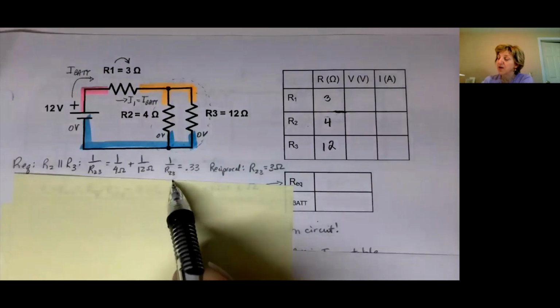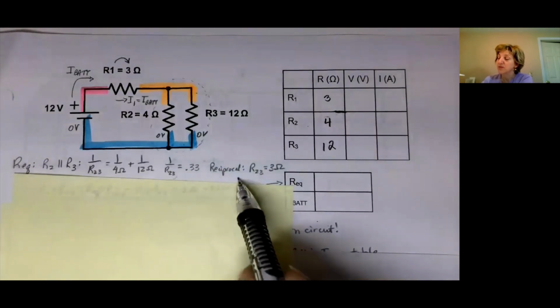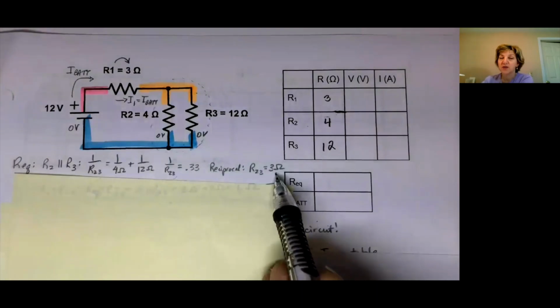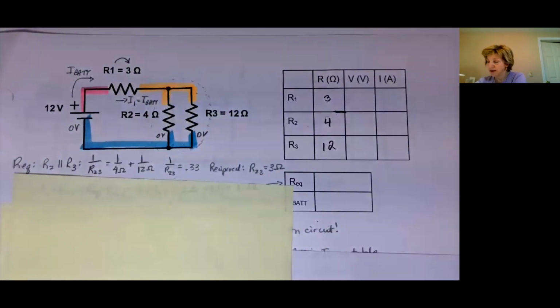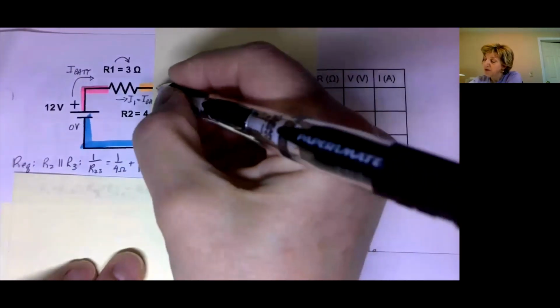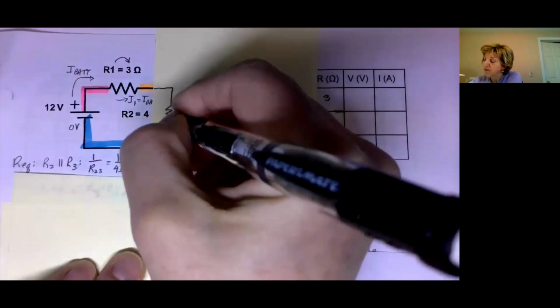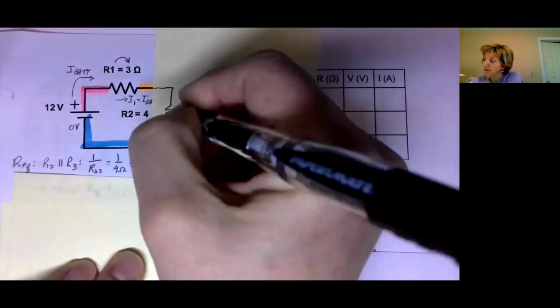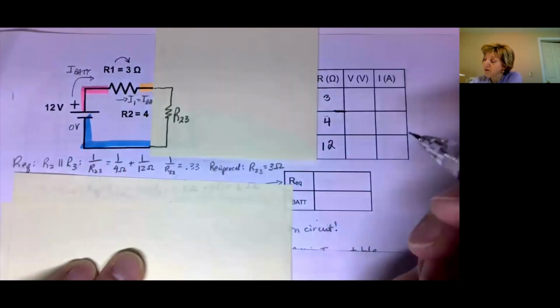And in order to get R23, we need to get the reciprocal. R23 is 3 ohms. So we could technically replace R23 with 3 ohms.